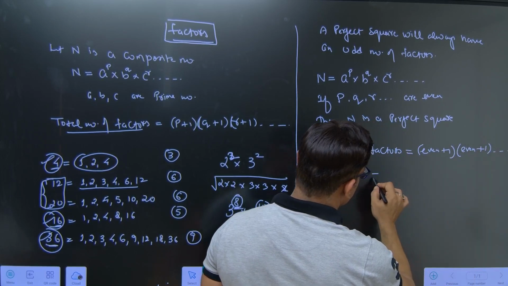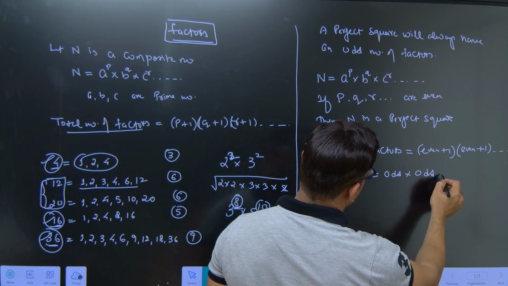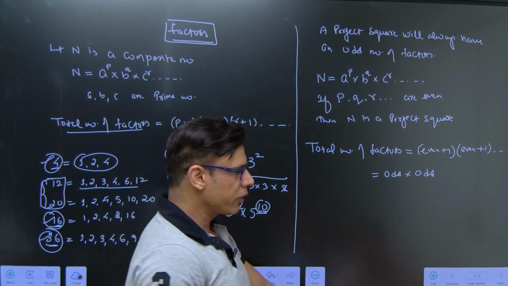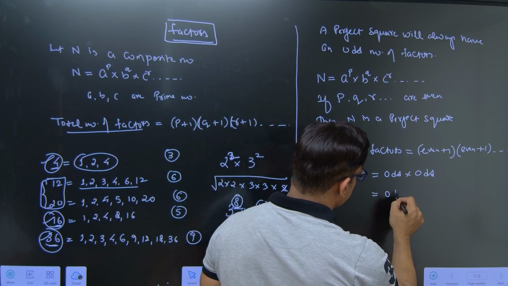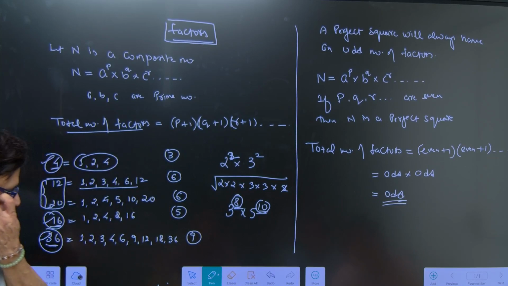So what is even plus 1? Odd. Again even plus 1, odd. Every time, even plus 1 is odd. So odd into odd will give you what? Odd. So if there is any number which has an odd number of factors, you can clearly say that number is a perfect square. Part is clear? Okay.